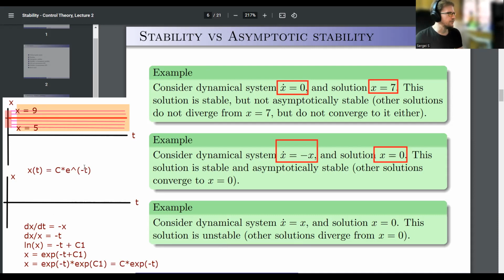At time t equal to 0, e to the power minus t is equal to 1, so c is equal to the initial value of x. So given some initial region, let's say here I draw it in pink, any solution from this region will asymptotically approach 0. It will go kind of like this. Any solution from this region will go like this.